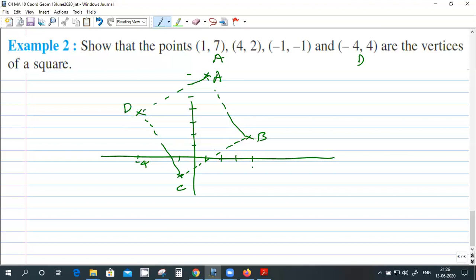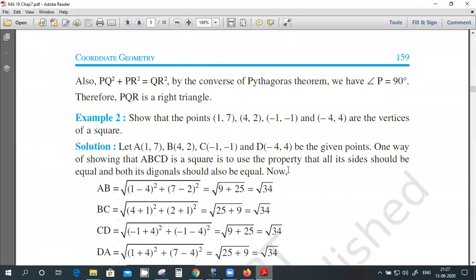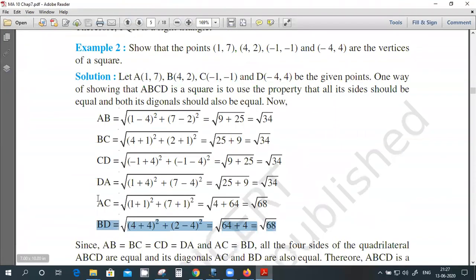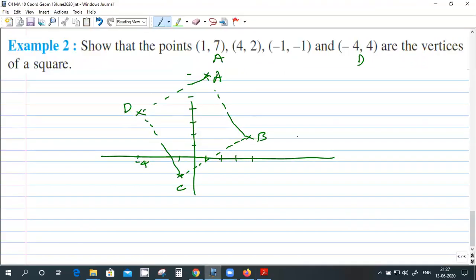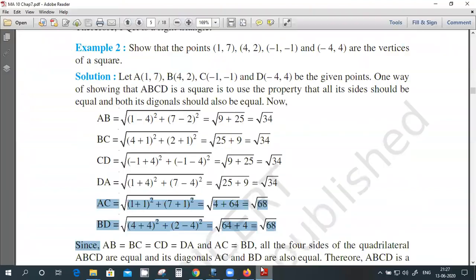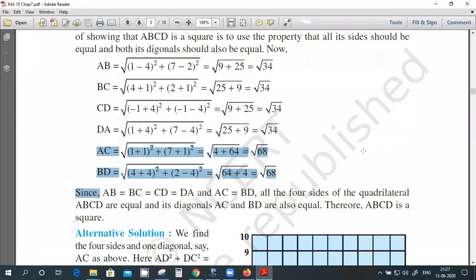I should find the distance AB, BC, CD, and DA, right? AC and BD are diagonals.